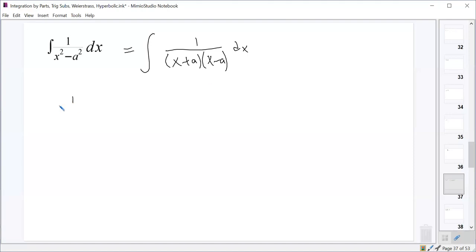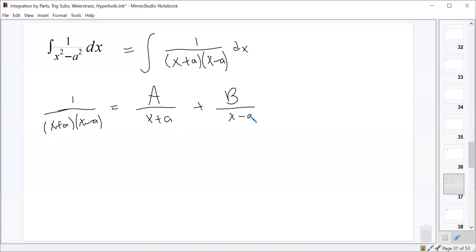So we're going to say that this fraction, 1 over (x plus a)(x minus a), is equal to something, we'll call it capital A, over x plus this little a, and then plus capital B over x minus little a. Everybody good with that?